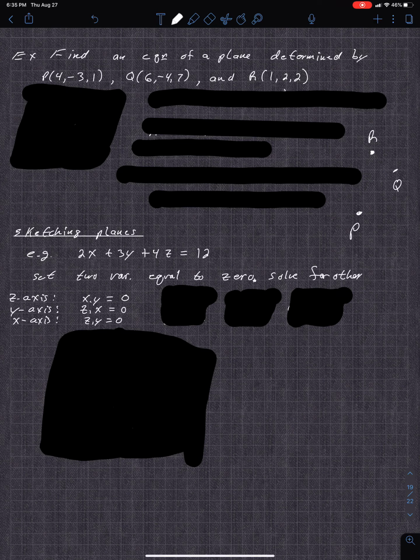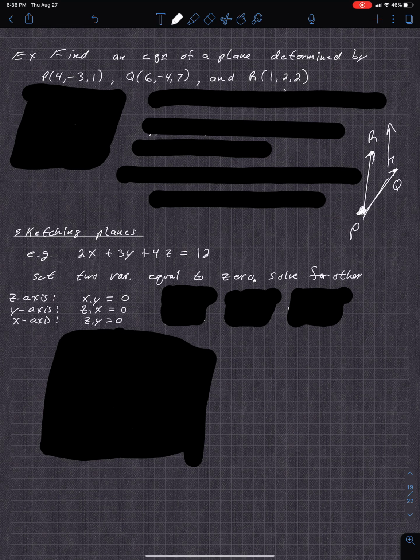What do we need for a plane? We need a point, and we're given 3. And the analogue of a slope is the normal vector. So we need to construct a normal vector that's normal to the vectors that are in the plane. How do you figure out a vector that's perpendicular to any of these vectors?